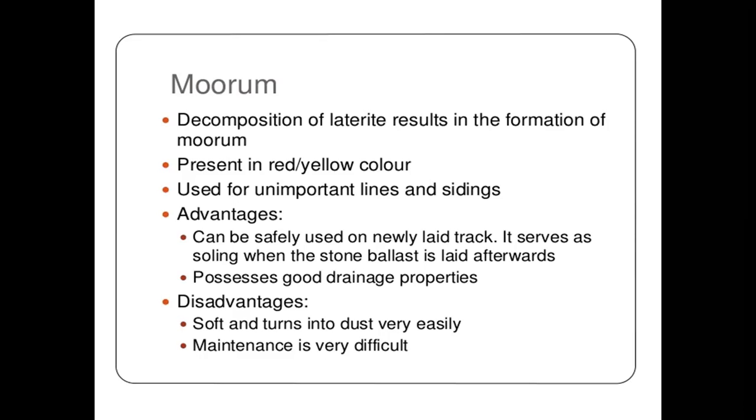The major disadvantage of using murram as a ballast is that it is soft and turns into dust very easily, and the maintenance is very difficult when the murram ballast gets powdered. The maintenance is very difficult when the loads on the ballast are increased, and renewal of this ballast layer is very difficult.